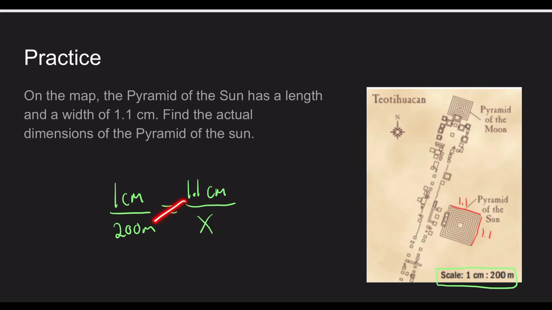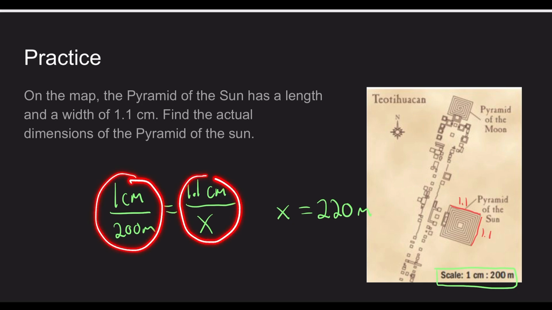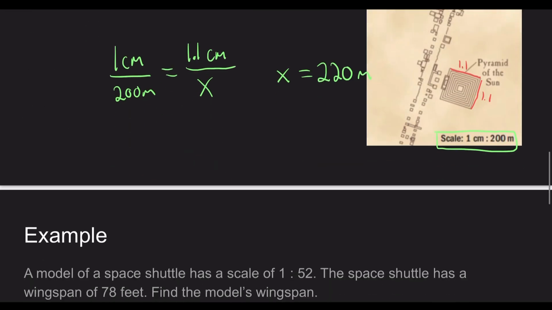We got 1.1 times 200, 1 times x. That's super easy. That means x equals 1.1 times 200. I feel like I should know that off the top of my head. I'm going to pull out my calculator. 220. Come on, Mr. Bohr, you could do that. So, in real life, that pyramid is 220 meters by 220 meters. So again, use the scale to find the missing length.